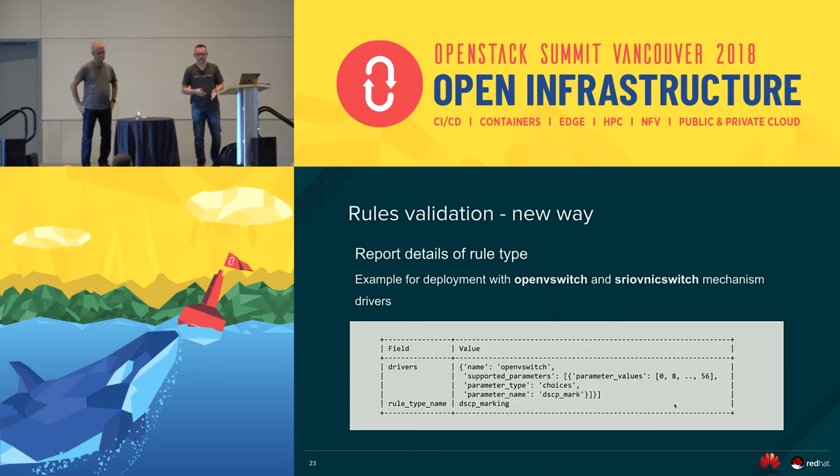This API call is admin only, to not expose infra details to the user. And you can check from the API, for example, that the DSCP marking rule type is supported by the OpenVSwitch driver in this deployment, and it can accept such parameters and such values for these parameters.